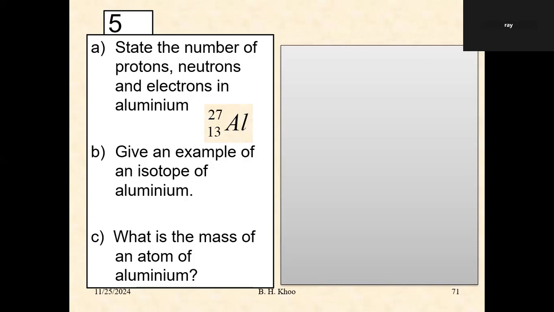Number of neutrons: 27 total minus 13 protons, so 14 neutrons, 13 protons, 13 electrons.